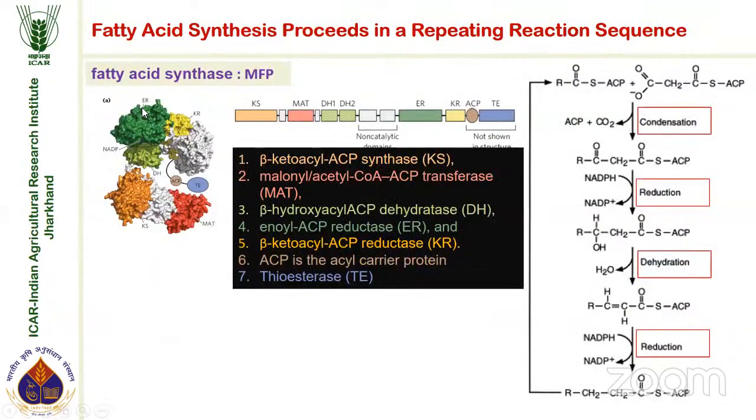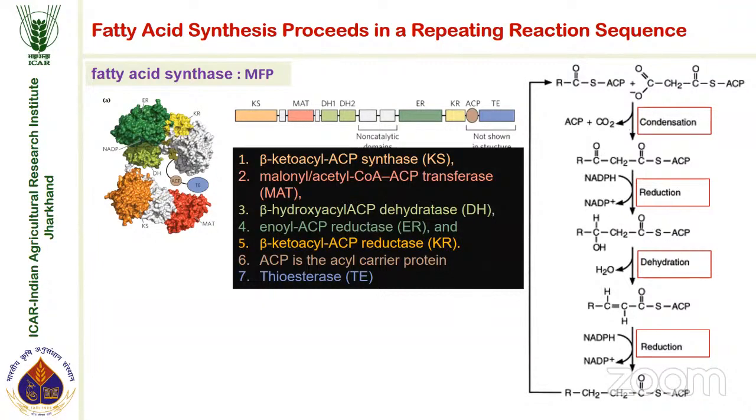Okay, so what is this fatty acids? Apart from that, once malonyl CoA is synthesized, another molecule, a multifunctional protein, is the fatty acid synthase. So fatty acid synthase is also a very large multimeric enzyme.